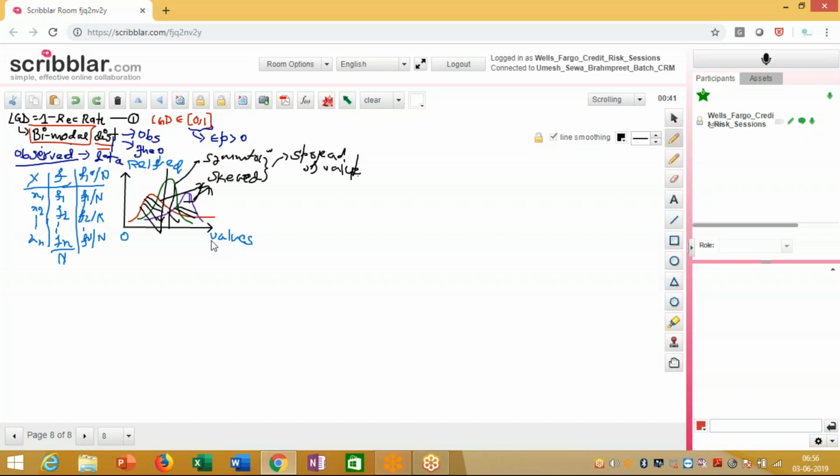So what are those cases where I get to see a right-skewed distribution? A typical example is the loss distribution function of a bank, right?